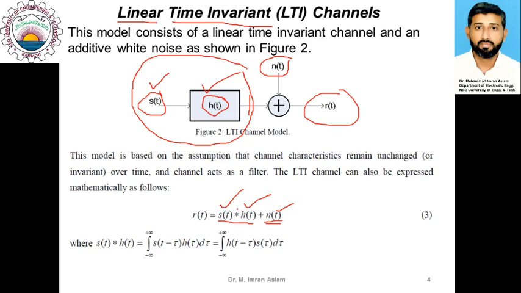This asterisk symbol represents convolution, which is defined by this integral, as we already know. It doesn't matter whether you take s(t) convolved with h(t) or h(t) convolved with s(t). So it's commutative. It does not matter if you change the order of the convolution. This integral can be evaluated in this way or this way. Both result in the same value.